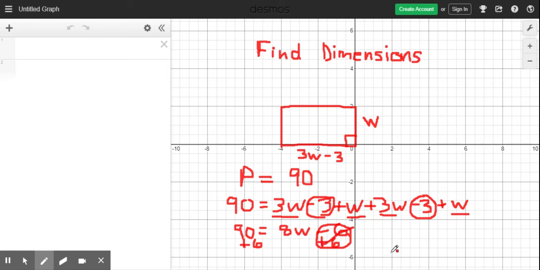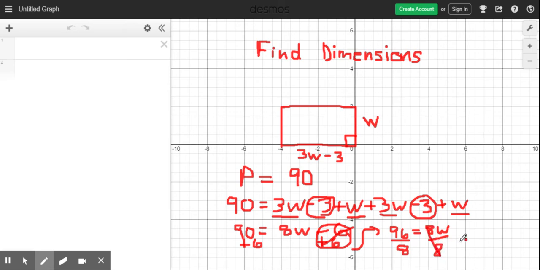Okay, so now if I come over here, I'll have 96 is equal to 8W, and I'm going to divide both sides by 8. So that gives me a width of 12.